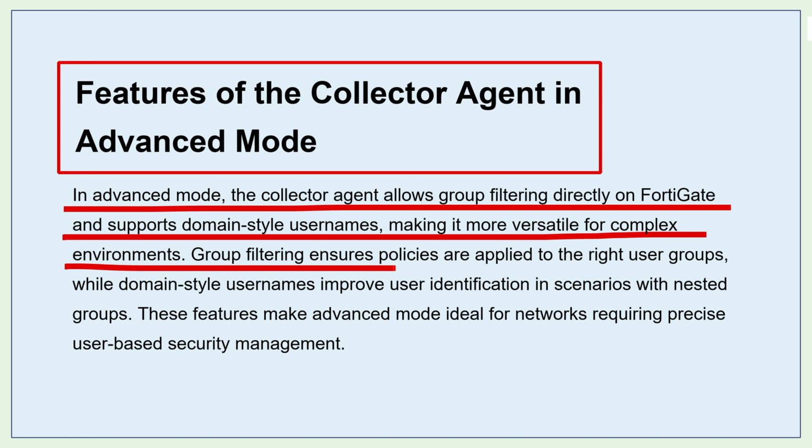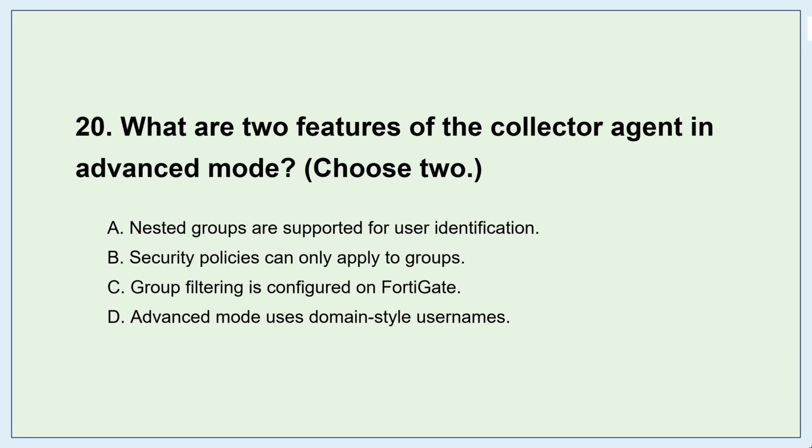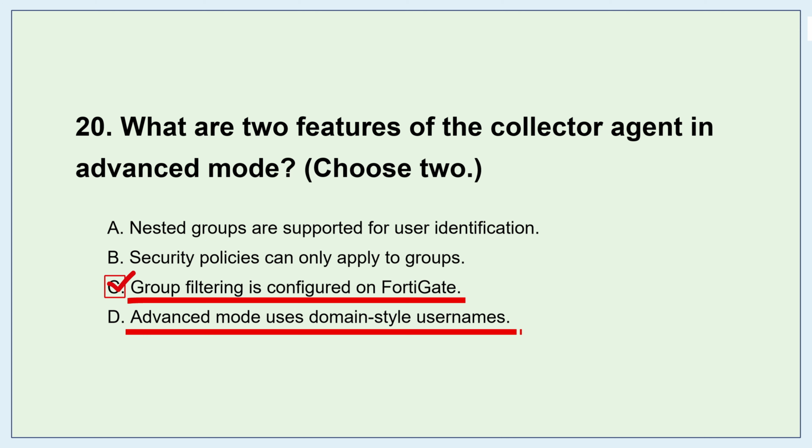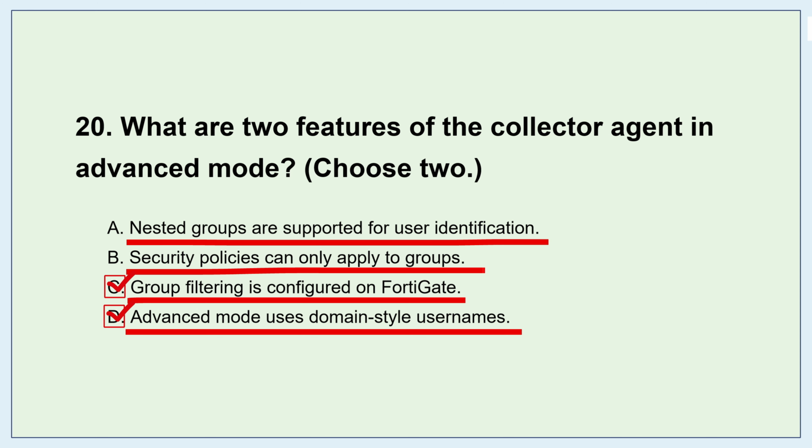It's perfect for networks with complex group setups or where detailed control is needed. Correct. Group filtering is configured on FortiGate in advanced mode. Correct. Domain-style usernames are supported in this mode. Incorrect. These features do not describe advanced mode accurately.